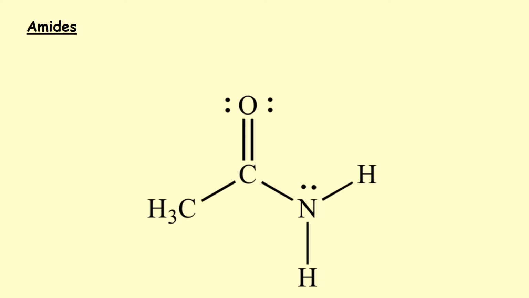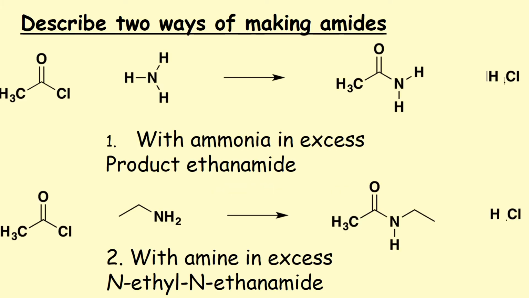That means that if it is hydrolyzed, or reacted with water, it would form carboxylic acid, like acyl chlorides, like esters. There are two ways of making amides. These reaction equations even are not in your textbook, so please copy them down.